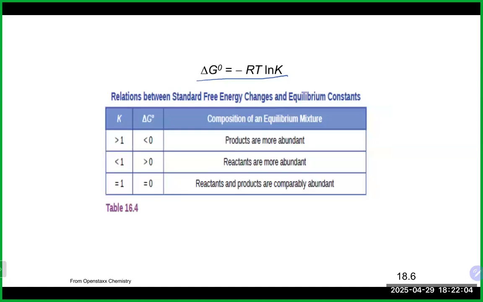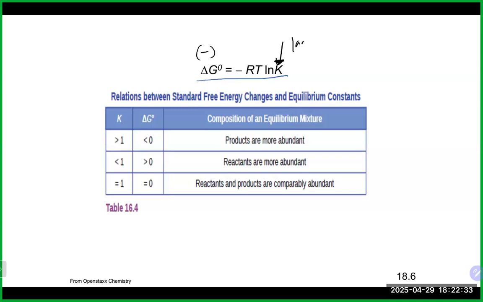The good news on this formula is we can also make predictions on what's going to happen. Because it has the equilibrium constant, I would hope you know something about it. When you have a large value of K, that means you should mainly have products, and the only way to get products would mean your delta G needs to be negative.